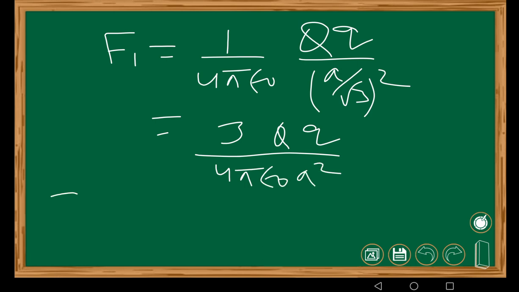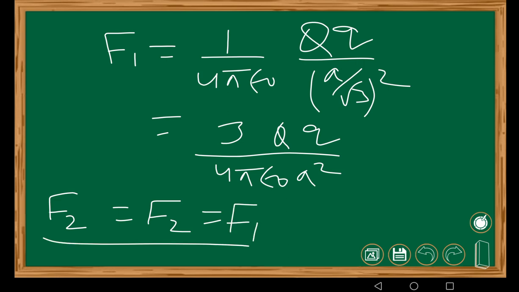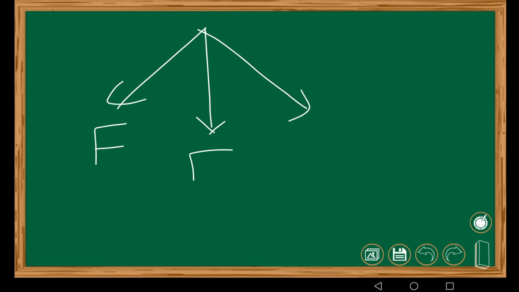If we find the magnitude of F2 and F3, we will get the same value. F2, F3 and F1 have the same magnitude because the charges are the same and the separation between the charges is also the same. Hence, if we draw the forces again, we can write all the forces as F, F and F.